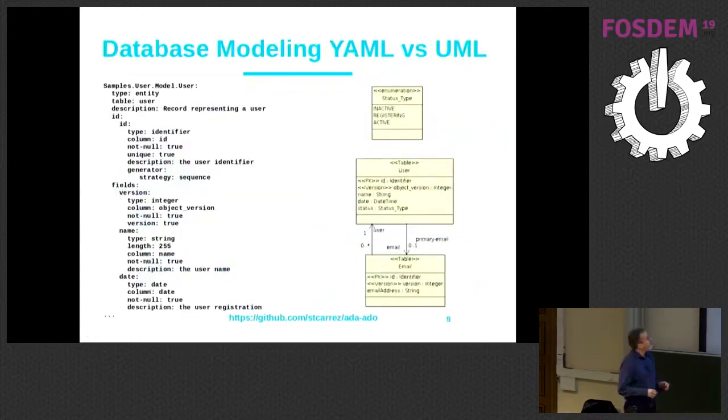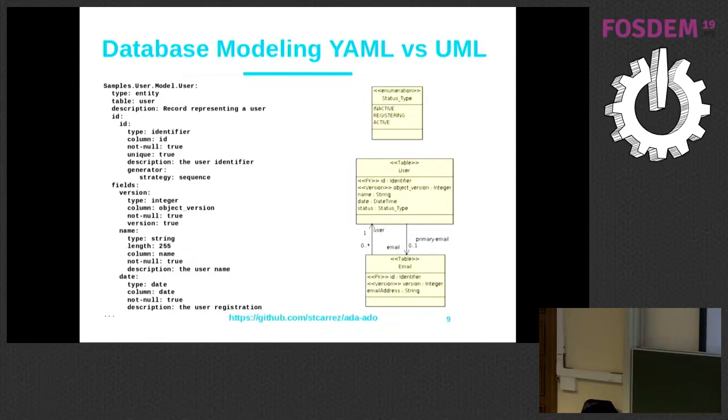Here I have two examples in YAML. This is a text description of your database, and on this side we have the UML description. Here I have two tables, a user table and an email table. They have properties, and what you see are some stereotypes.